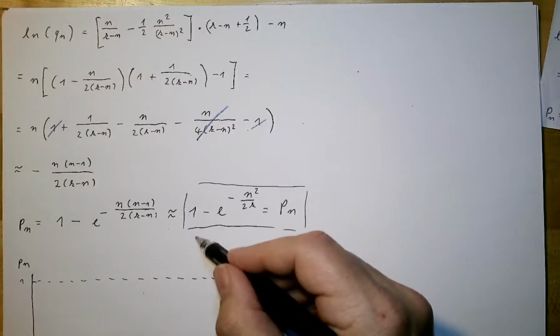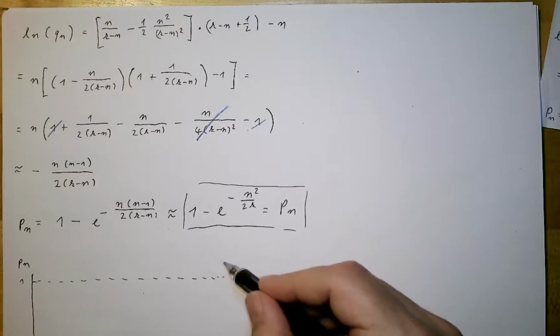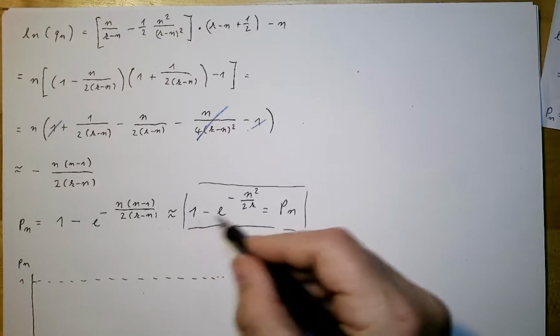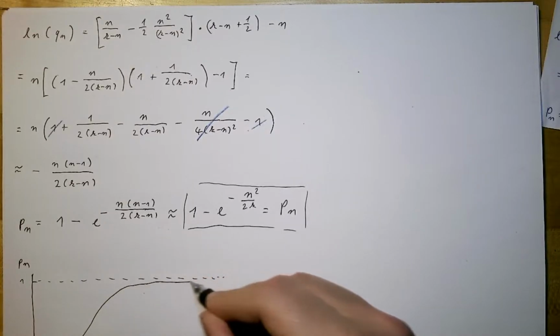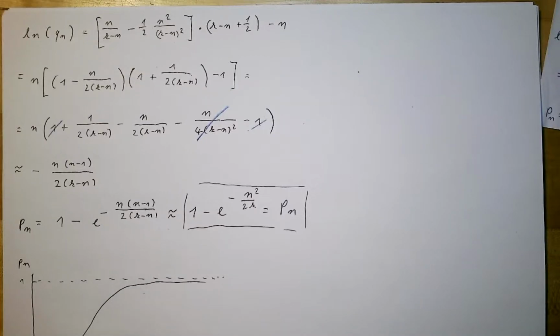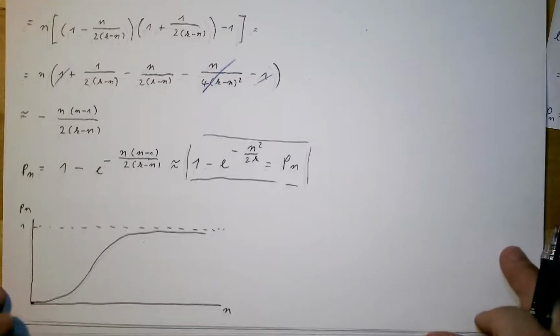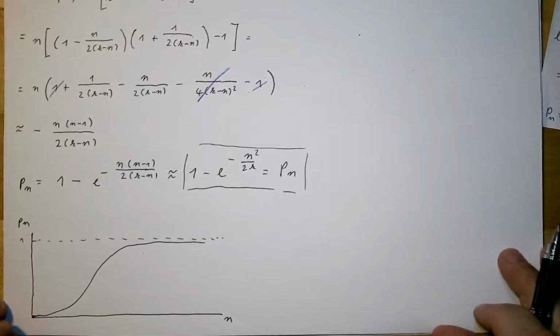A Gaussian is a function which starts from 1 and decays, but we make here 1 minus the Gaussian. So 1 minus the Gaussian, we start with 0, and then we have the typical Gaussian function. Normally the Gaussian is also plotted for negative numbers, but here this n is only positive. Oh, sorry. Yeah, so we have our Gaussian.